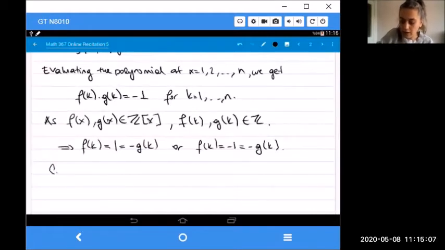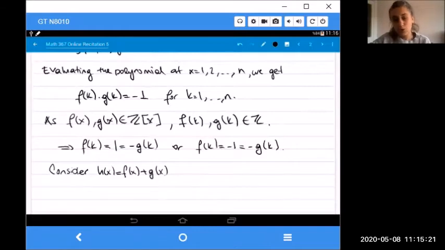Now, from this point, we are going to consider a polynomial h of x, which is equal to f of x plus g of x. Since we are in the polynomial ring with integer coefficients, and the degree of these two polynomials is strictly less than n, the degree of h is strictly less than n.